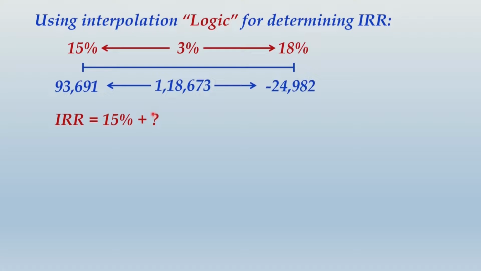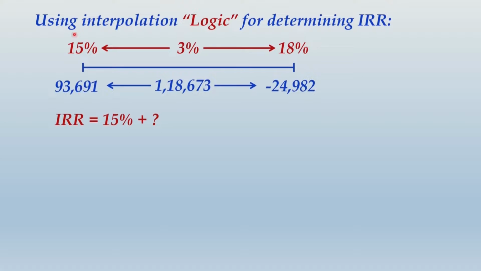Now we need to find this question mark value. If we are able to find this value, we will get IRR easily. So now let us find logically this question mark value. What we have to do is, we have to arrive at such a rate of discounting where NPV comes to 0. So we wanted to reduce the NPV. To make it 0, we should reduce the NPV by 93,691.